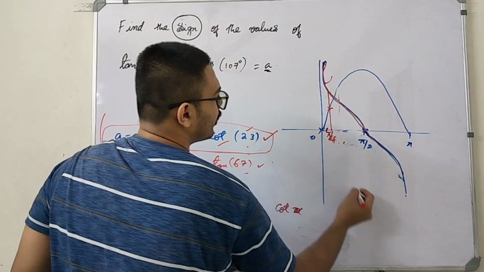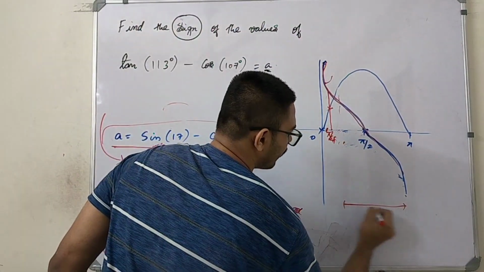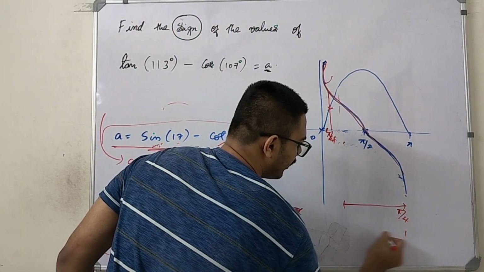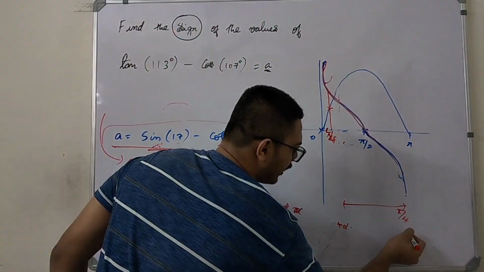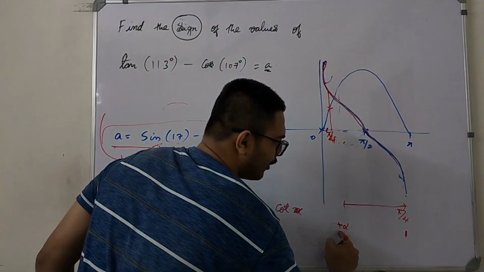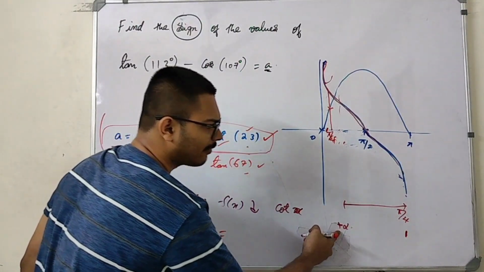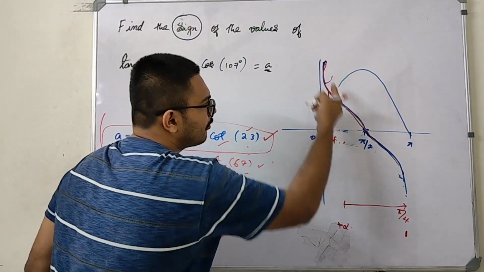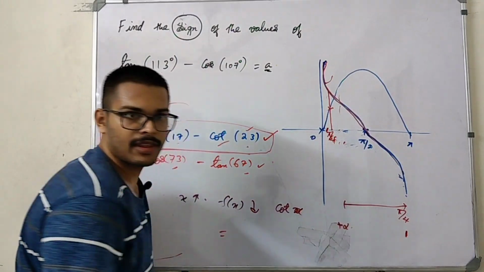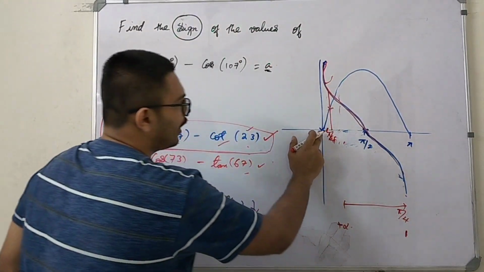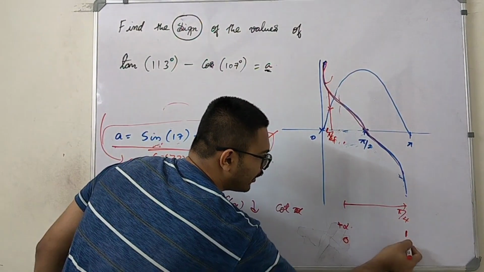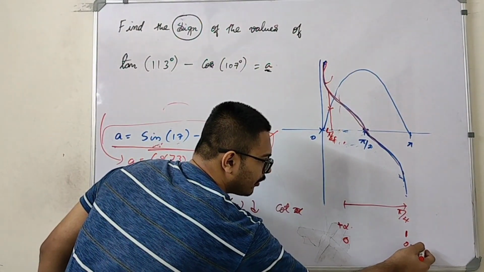From 0 to pi by 4, the value of cot theta decreases from plus infinity to 1. And from 0 to pi by 4, the value of sine theta will be in between 0 and 0.707.